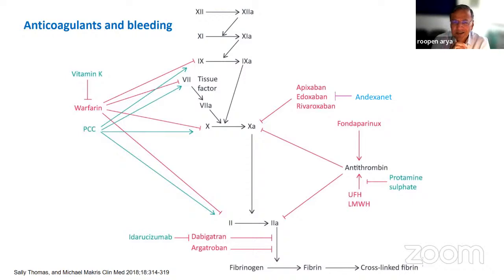And the PCCs are immediate acting. Vitamin K takes about 6 hours to kick in. And again, with unfractionated heparin, for many years, we have had protamine sulfate as an antidote.